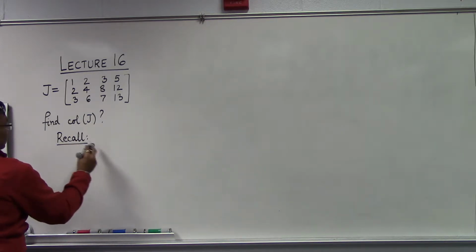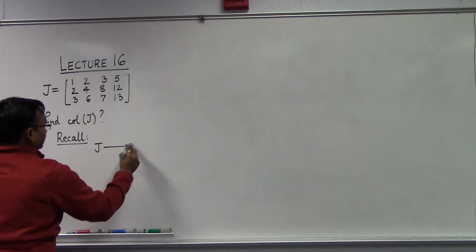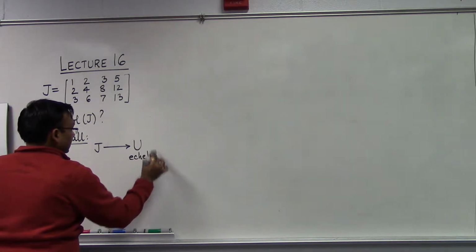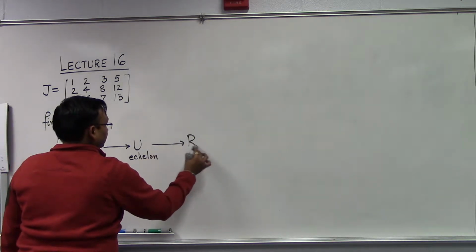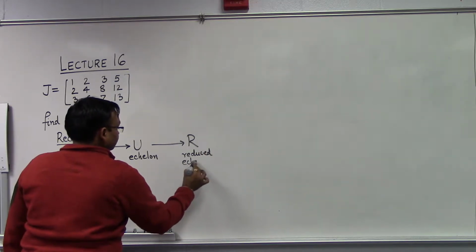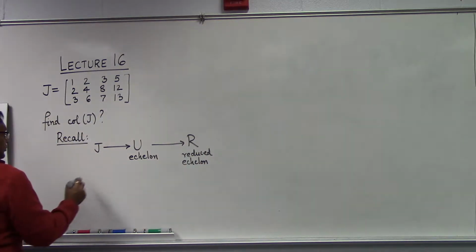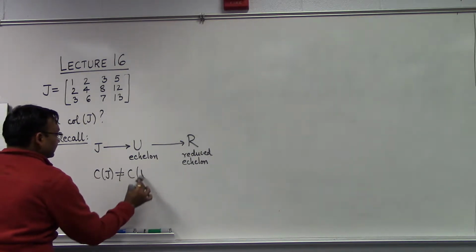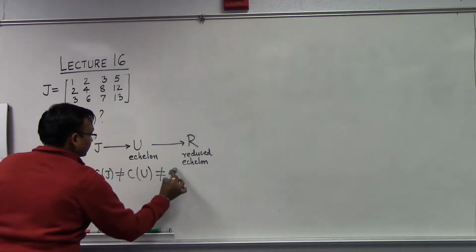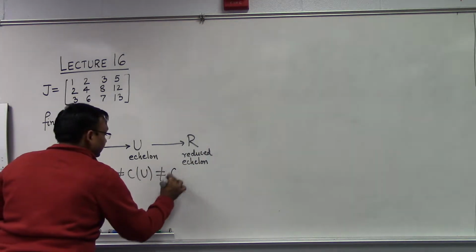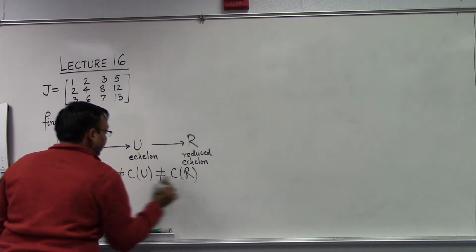We had seen that the matrix J can be reduced to a matrix U, which was in echelon form, which could be further reduced to a matrix R, which was the reduced echelon form. We figured out that the column space of J is not the same as the column space of U, which is not the same as the column space of the matrix R. So their column spaces are not the same.